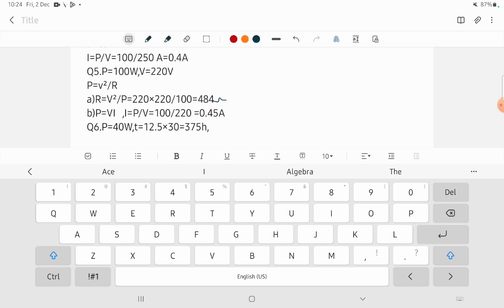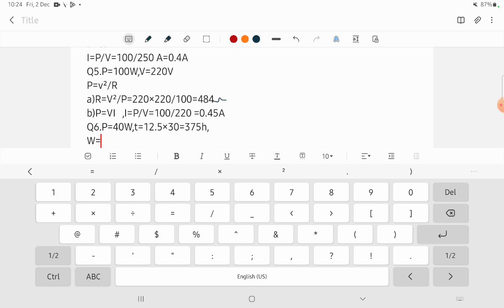So I can write here W equals to P into T. Now the 40 watt, I have to convert this in kilowatt. So 40 by 1000 into 375. So my answer will be 15 kilowatt hour.